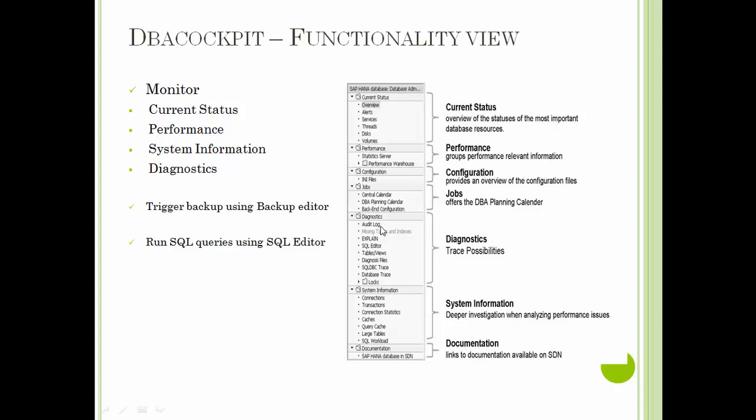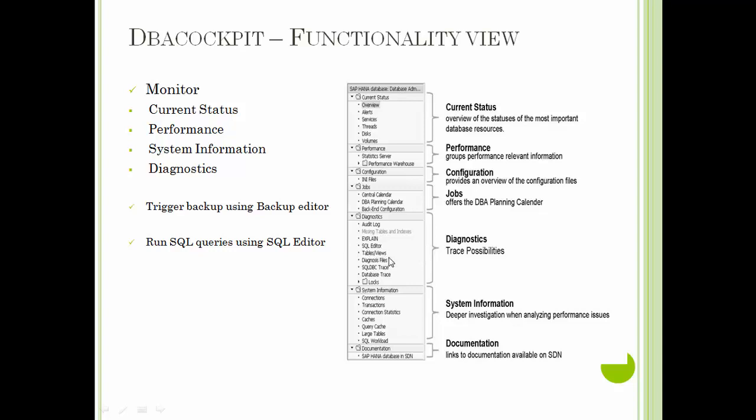Coming to missing tables and indexes, which shows the differences between the database in the SAP system and the ABAP dictionary. And coming to explain shows the execution plan for select, insert, update, or delete statements that is run in the database using the SQL console or the HTTP SQL command line tool.